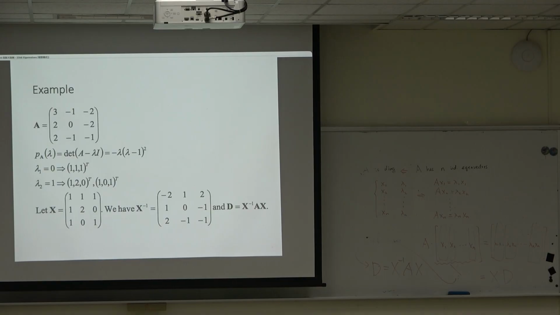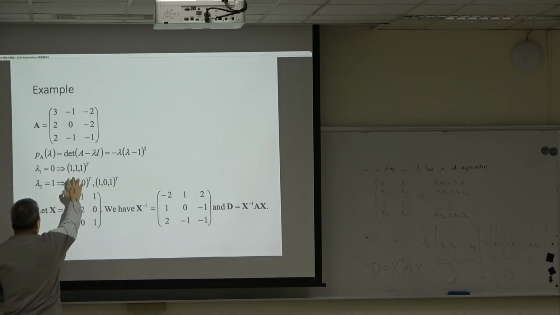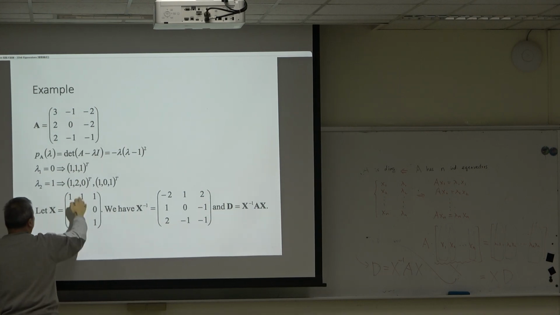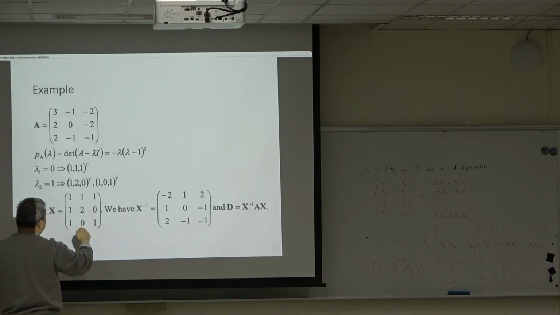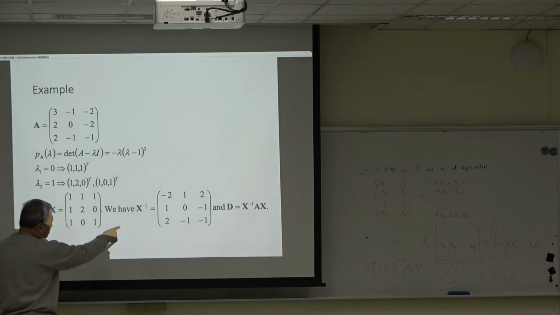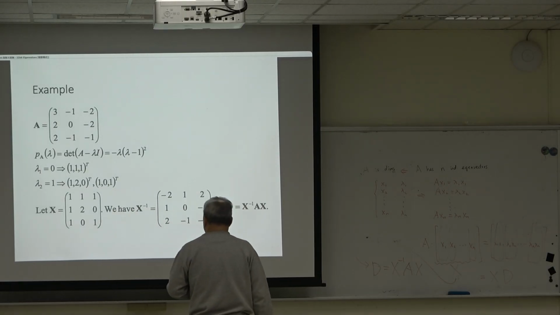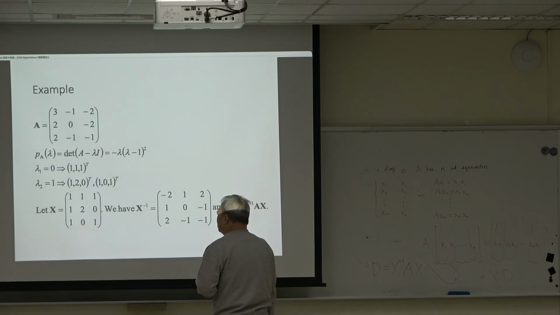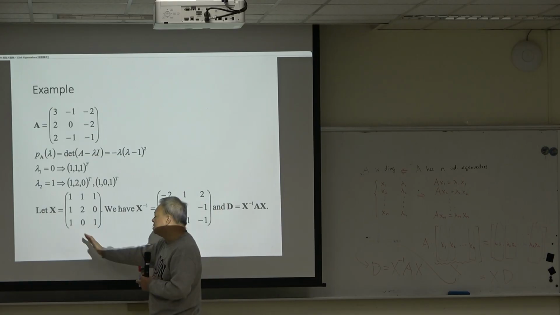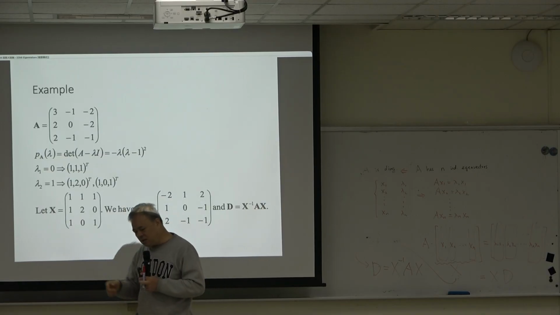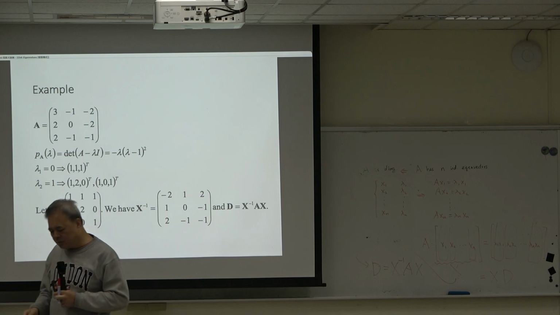So the X will be, the column vectors are the eigenvectors: 1, 1, 1, 1, 2, 0, and 1, 0, 1. And the X inverse, you can compute that yourself. And the diagonal matrix is going to be 0, 1, 1, based on the order of these column vectors. So 0, 1, 1 in the diagonal.